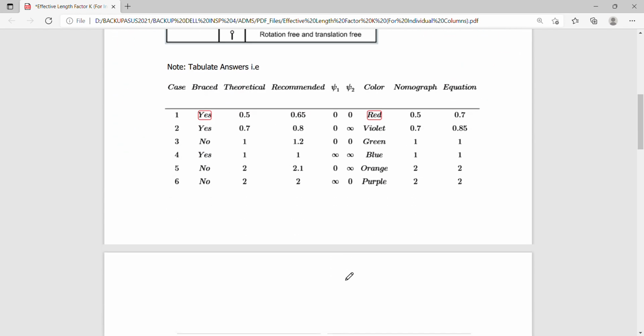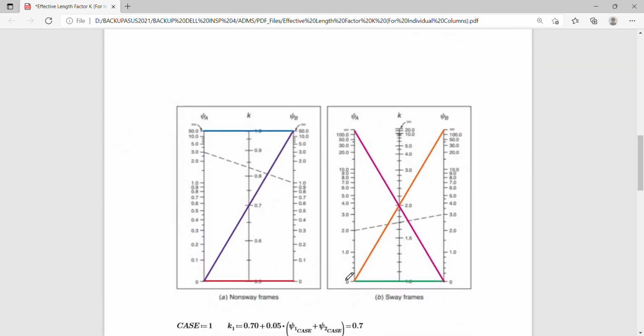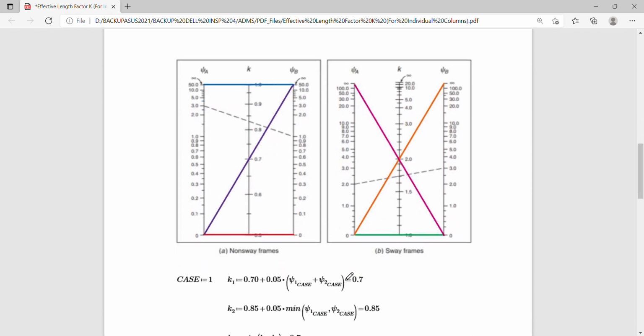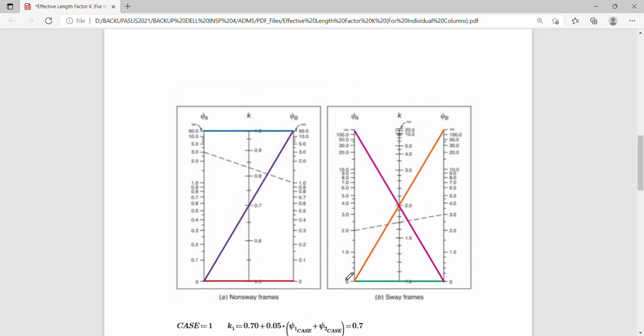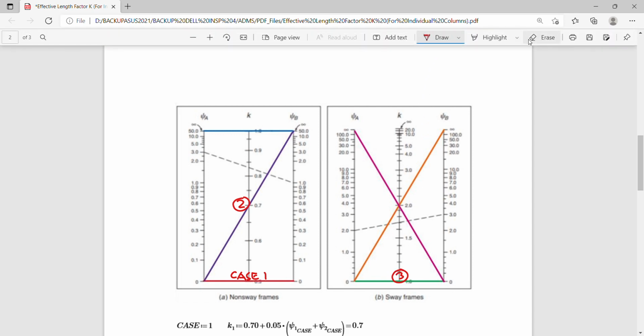So simply by using the nomograph, we can say that the red line here represents your case 1, then this represents your case 2, the green here represents your case 3.